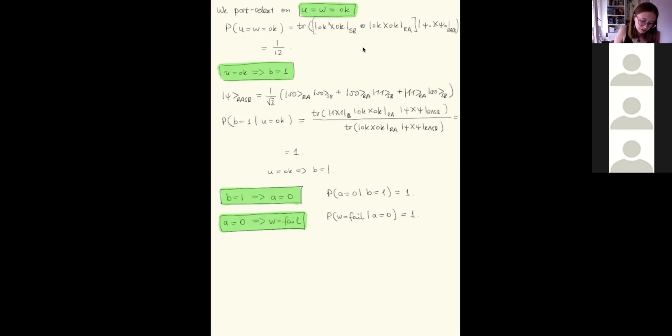And what we get is that from u equals okay, it follows that u equals fail, which basically gives us the inconsistency. Okay. So this was essentially the calculation-free content of exercise 2.